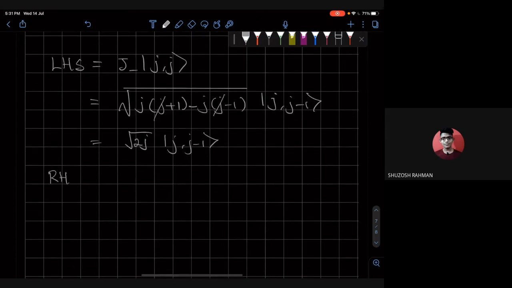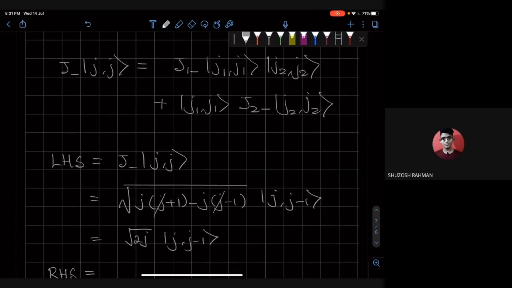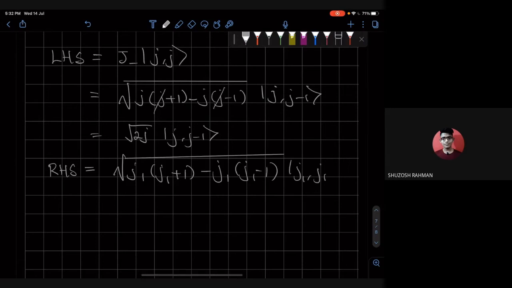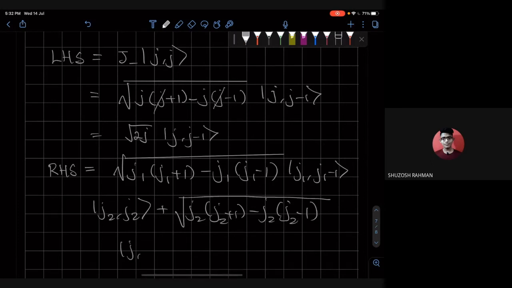What about the right-hand side? It is going to be this term plus this term. The first term gives the square root of j1 plus 1 minus j1 minus 1, and then j1 minus 1 times j2, plus the square root of j2 plus 1 minus j2 minus 1 times j1 times j2 minus 1.